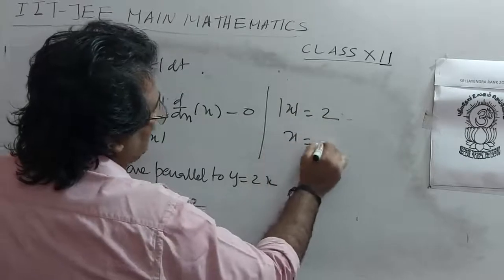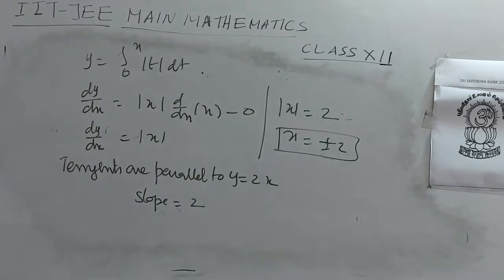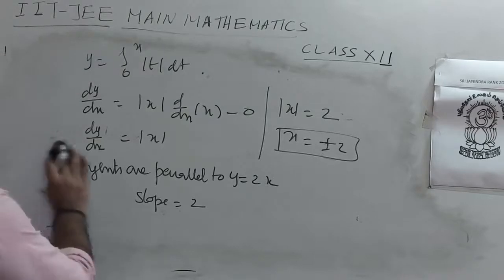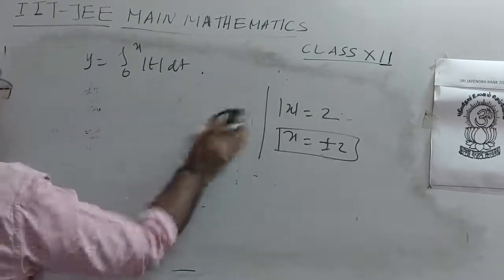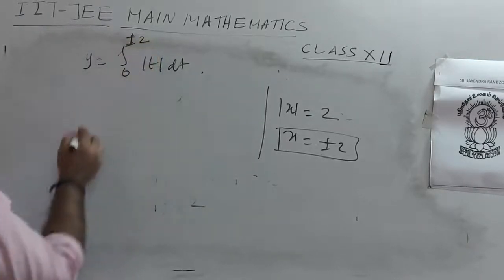Modulus x equal to 2, x equal to plus or minus 2. So y equal to plus or minus 2.